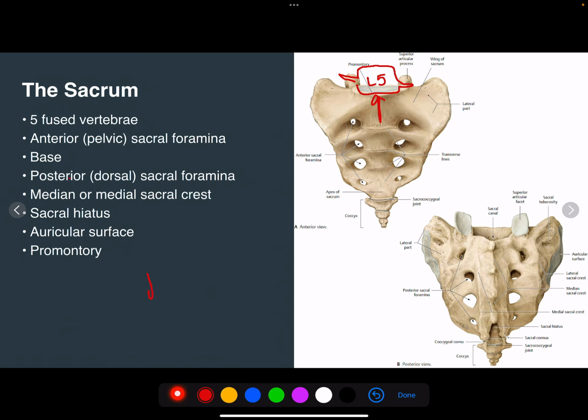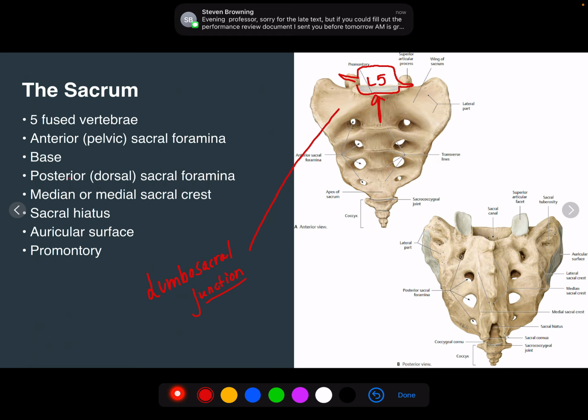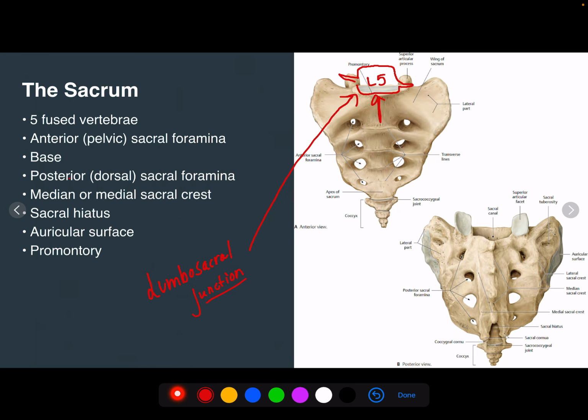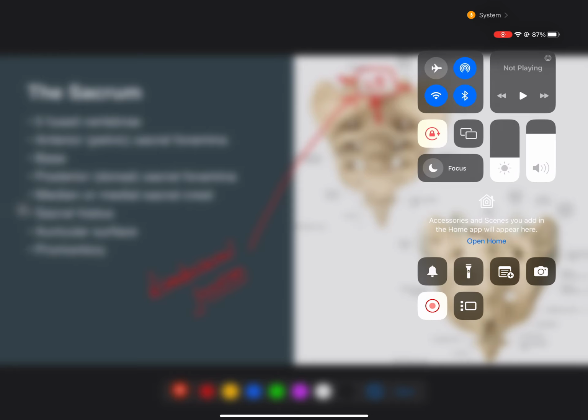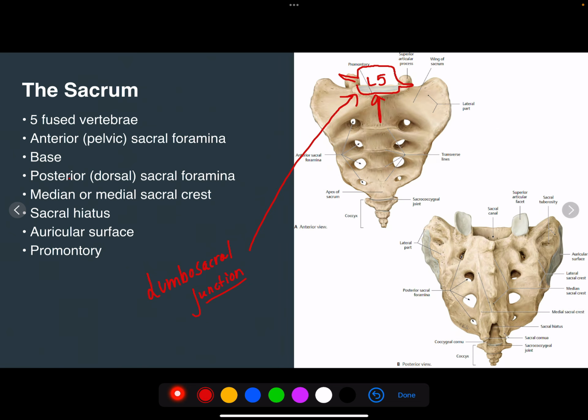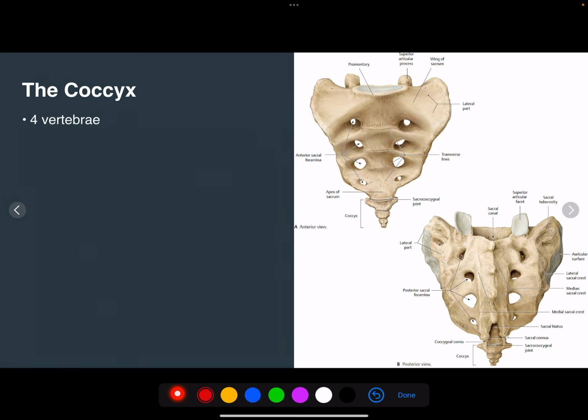And we call that the lumbosacral junction. Okay, so the lumbosacral junction would be this over here. Our coccyx is going to be 4 vertebrae.